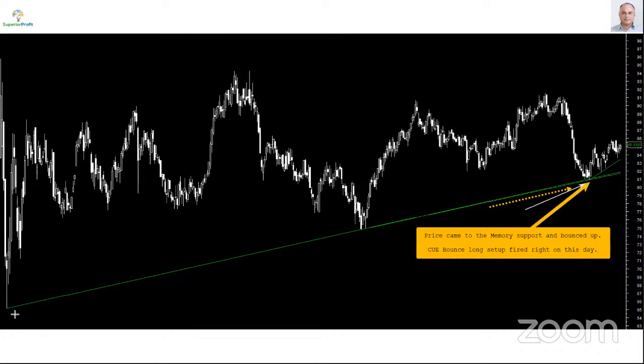But we have this very long-term memory trend line. And when price came here, it dropped sharply, came to the memory trend line support, and stopped right there. And then it went up with a close higher than the previous day's close. That is the textbook definition of a box long trade setup.